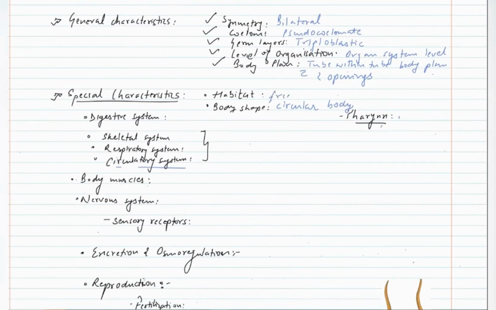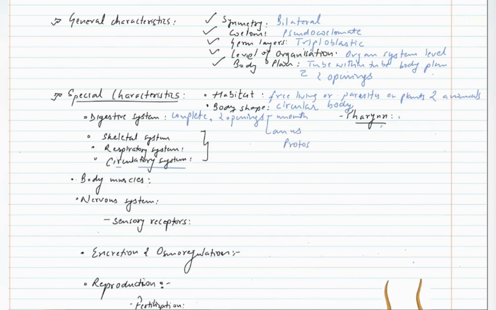Now habitat, they may be free living or parasites on plants and animals. Now talking about the digestive system, they have a complete digestive system with two openings. One opening acts as mouth and the other opening acts as anus.